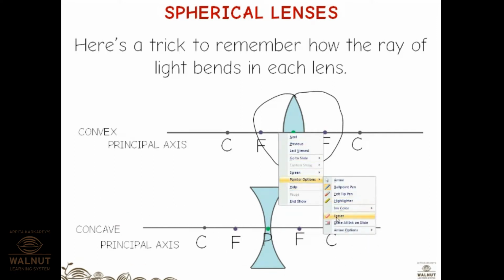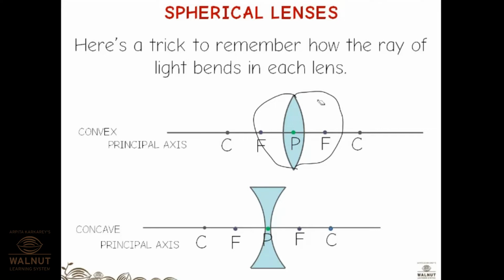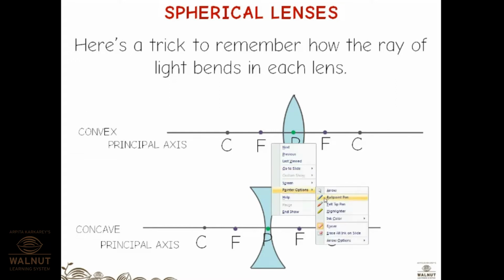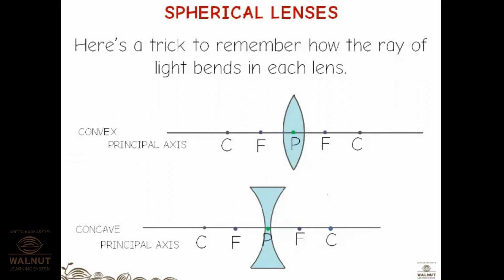Getting it? You can just imagine how these convex lenses are formed. The similar thing happens in the case of a concave lens also. So I want to tell you the terms related to these concave and convex lenses.